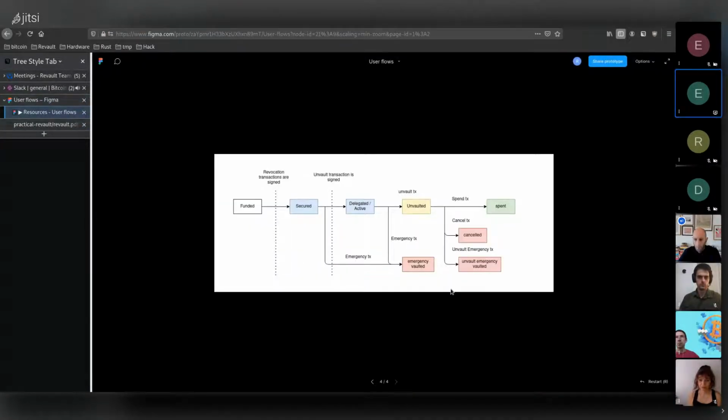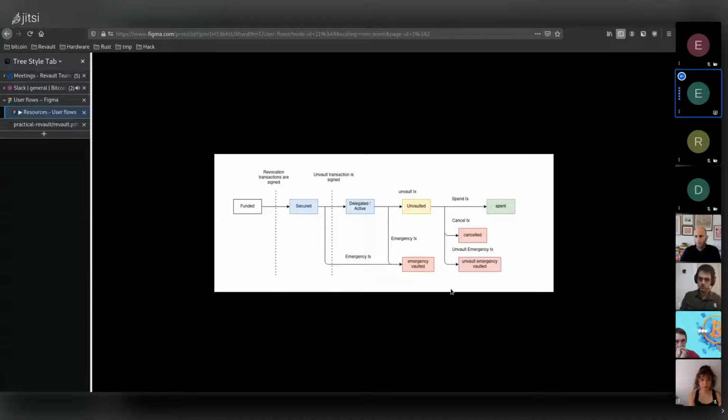Yes. Okay. So the idea is the typical day for a stakeholder: a stakeholder just wakes up in the morning, connects to the Revault application he has on the laptop, and starts securing vaults.